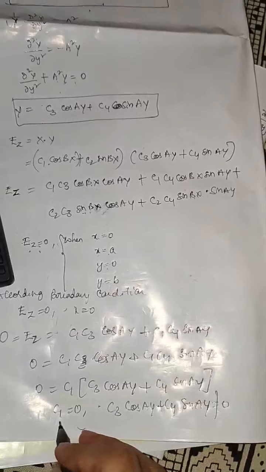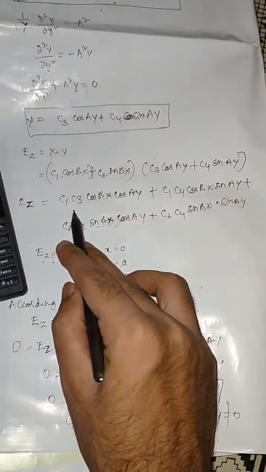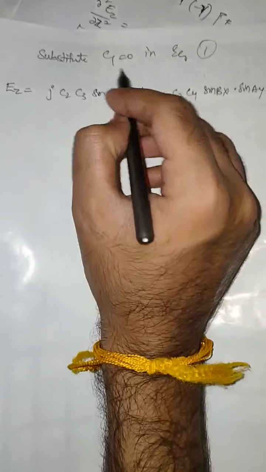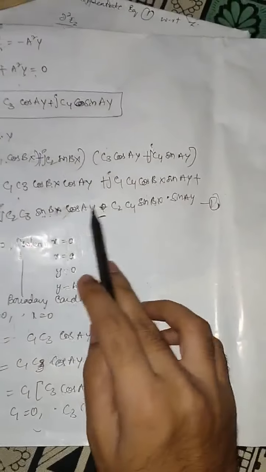So c1 equals 0. Substitute c1 equals 0 in equation 1.